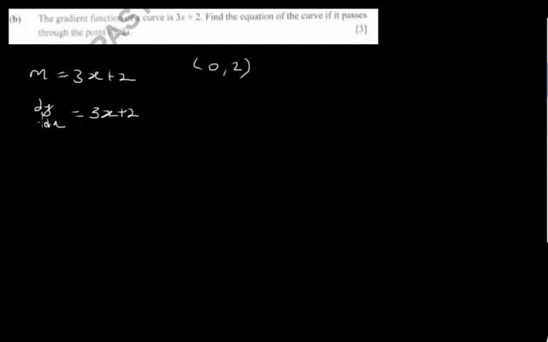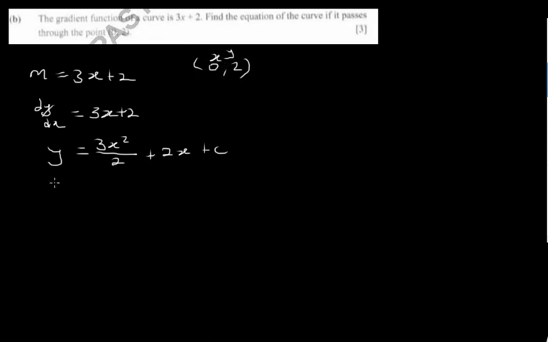And to find the initial expression that we had, we'd have to integrate this. So if we integrate this, we're going to have 3x squared over 2 plus 2x, plus c. We've been told it passes through the point 0, 2. So this is our x, and this is our y.